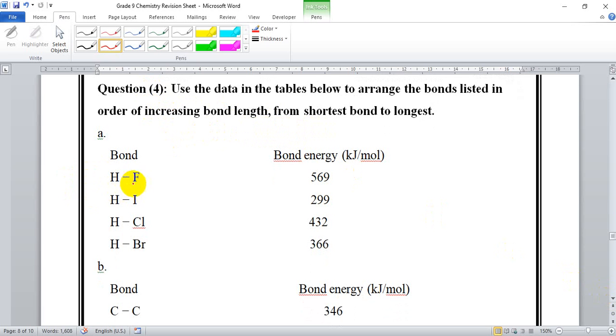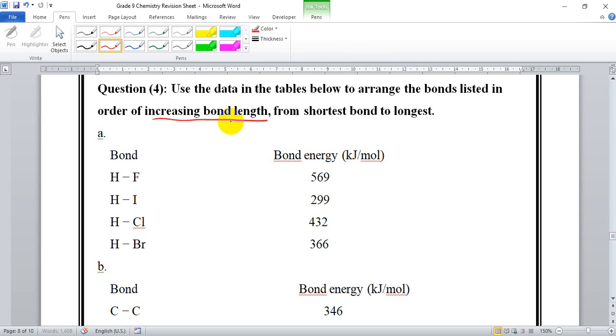Here HF with bond energy 569, HI 299, HCl 432, and HBr 366. Of increasing bond length from the shortest to the longest.